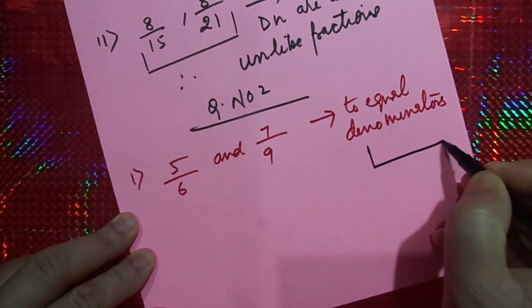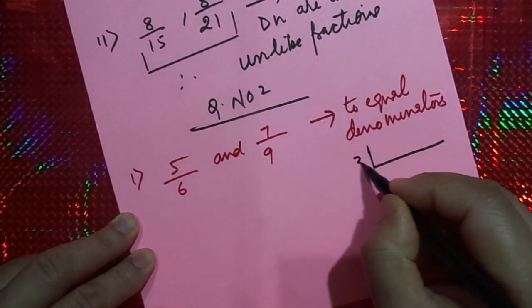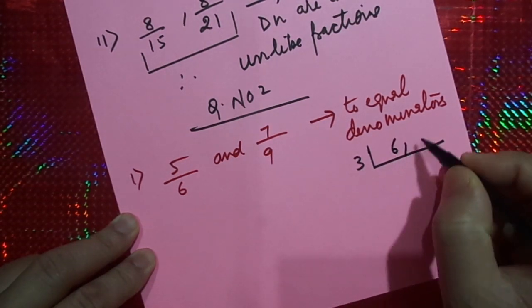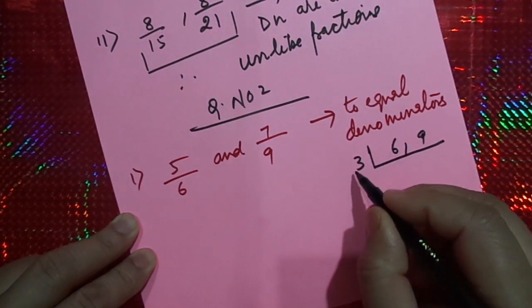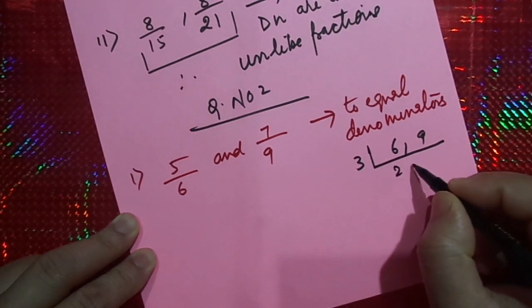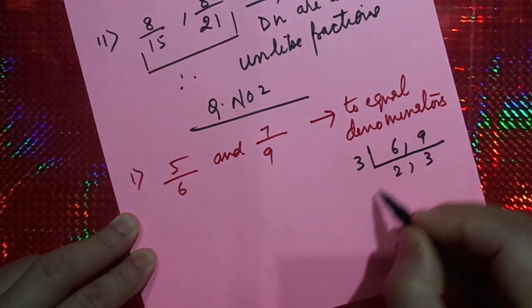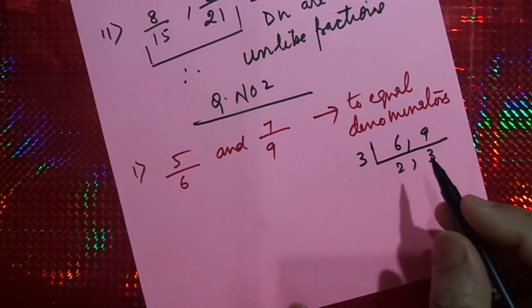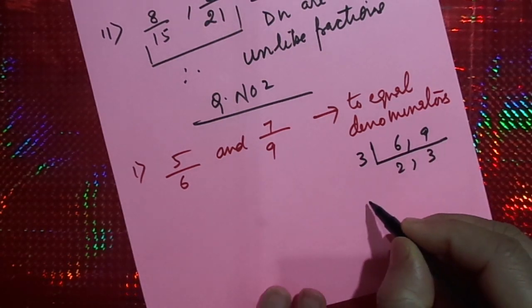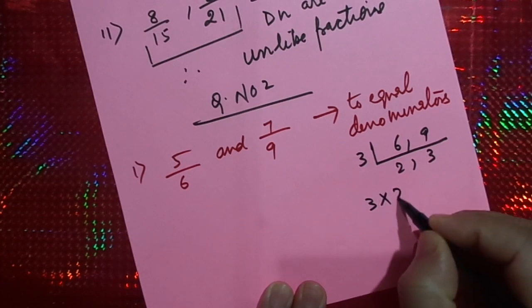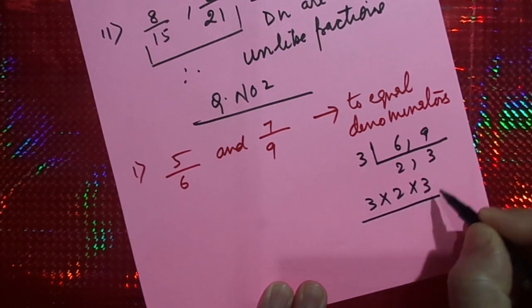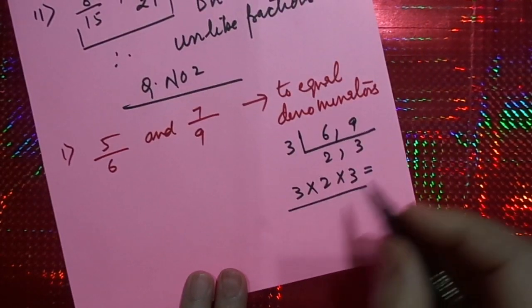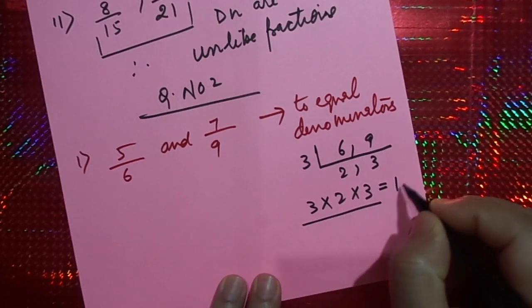We had done this in our previous session, 6 and 9. So 3 2 times and 3 3 times. So we get, have a look, their LCM is 3 into 2 into 3. This is the LCM, okay? And the LCM equals 18.